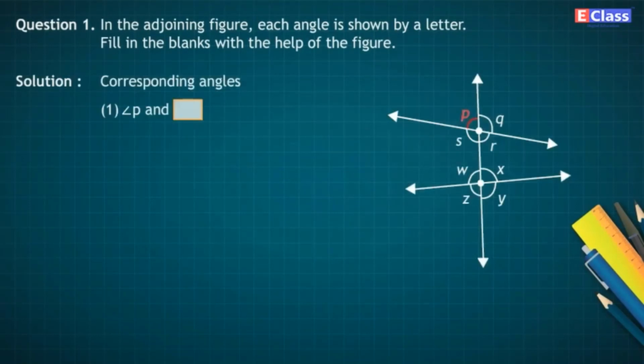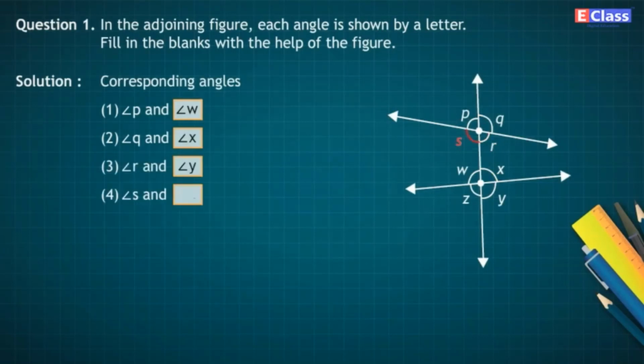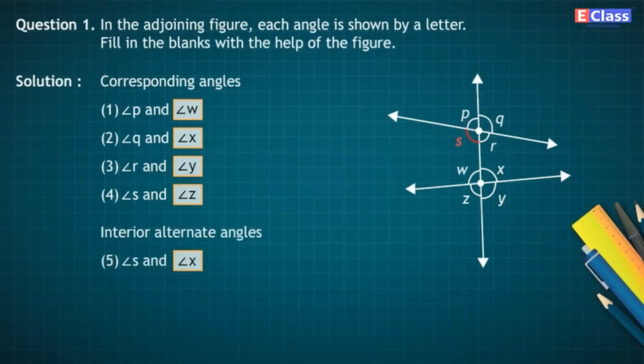Angle P and angle W, 2. Angle Q and angle X, 3. Angle R and angle Y, 4. Angle S and angle Z. Interior alternate angles: 5. Angle S and angle X, 6. Angle W and angle R.